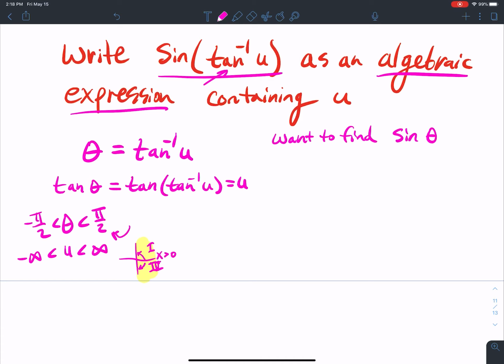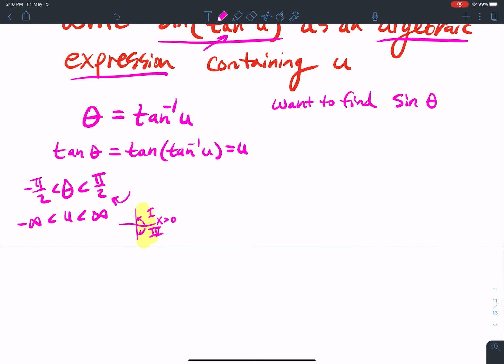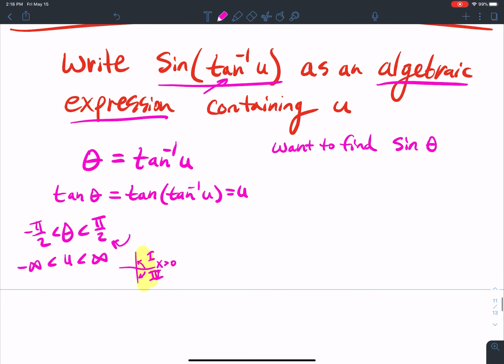All right, so if that popped up at some point in your work, then you would know that the secant of theta is positive. Now what we're going to do is kind of wrap around this. I want to take this information I have right here, tangent of theta is equal to u. U is like u over 1.